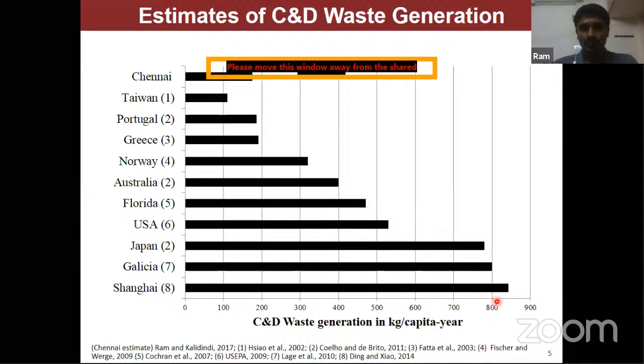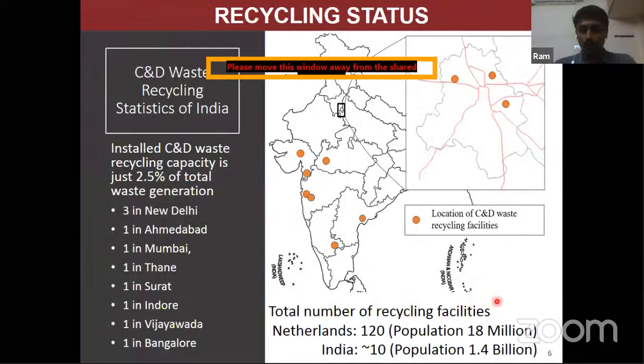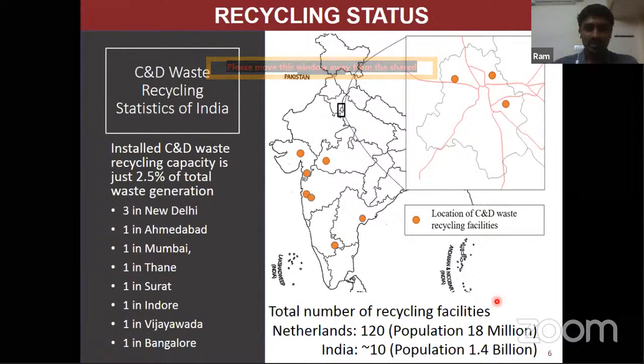Okay, so we do have enough waste being generated, but are we recycling it? In most developing countries, we are not. For example, in the Indian scenario, the installed C&D waste recycling capacity is right now just about 2.5 percent of the total waste generation. That's abysmal.